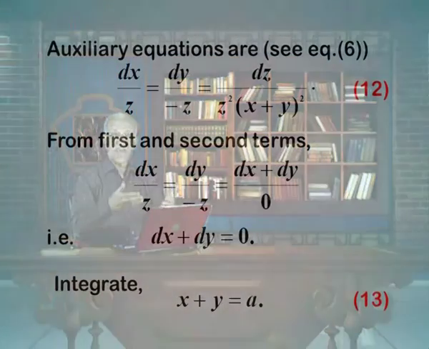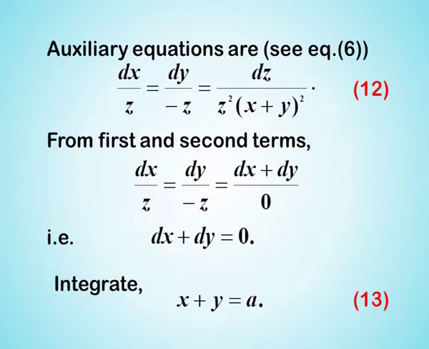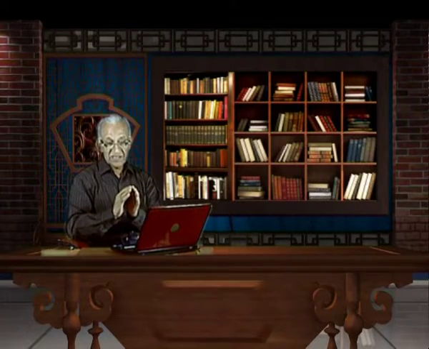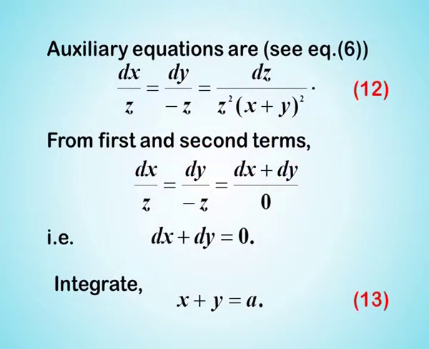The numerator adds up to give us dx plus dy, and in the denominator we have z minus z resulting in 0. We write dx plus dy is equal to 0. Very simple. If I combine the second with the third, or the first with the third, each time I will get dx plus dy is equal to 0. Total differential.